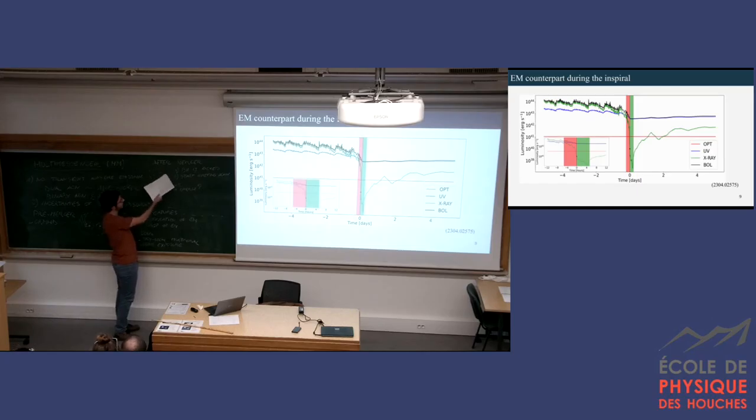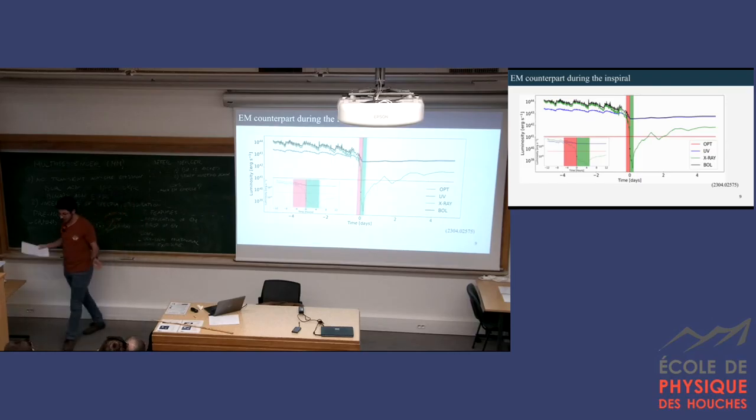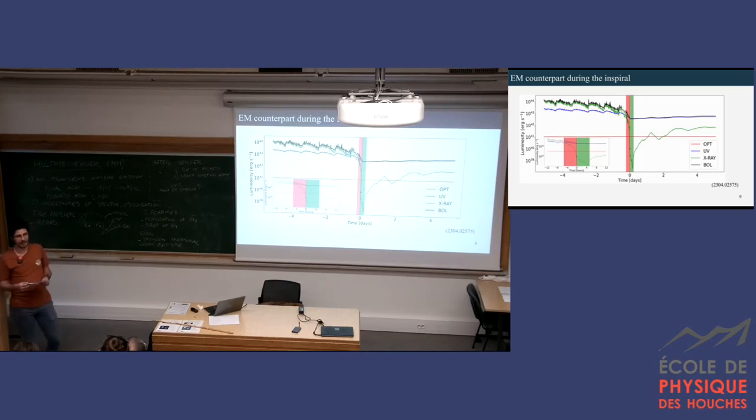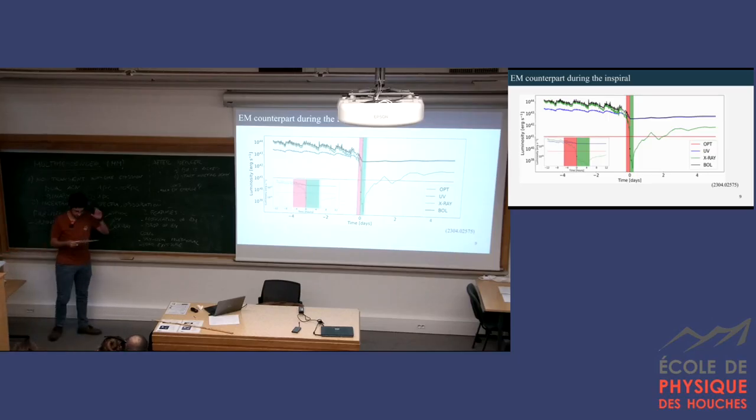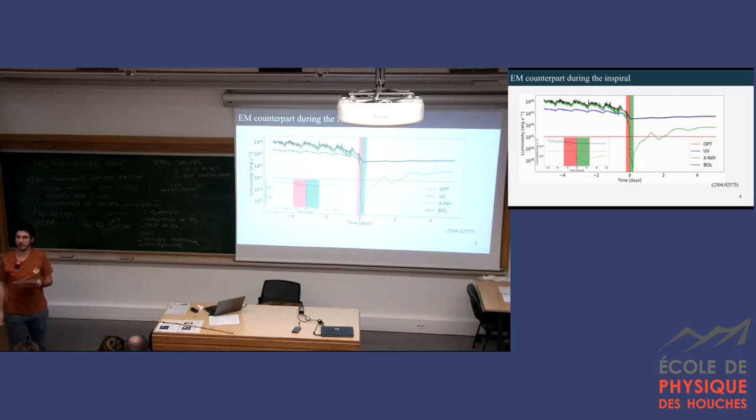And the same if you assume that the gas will start accreting again. How long? Again, it depends on your configuration. It can be days or weeks, which makes, of course, the association between the gravitational wave events and the electromagnetic counterpart very, very challenging.